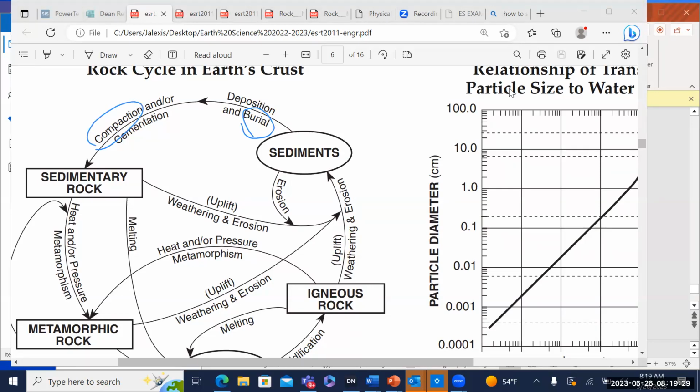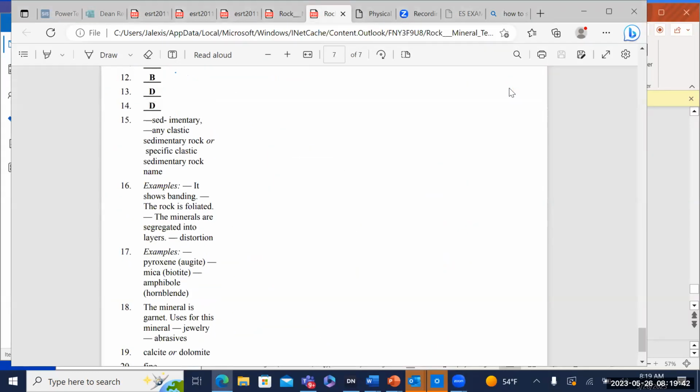And where are these arrows leading to? What type of rock? Sedimentary rock. So your correct answer for number 15 is going to be, as stated right here, sedimentary rock.